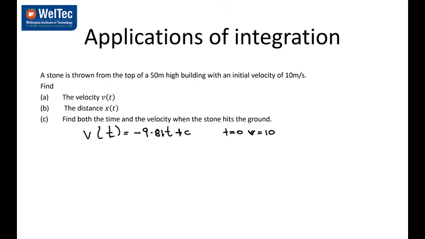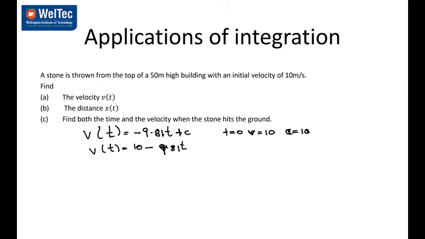That tells us that c is equal to 10. So our velocity function is going to be 10 minus 9.81 t.